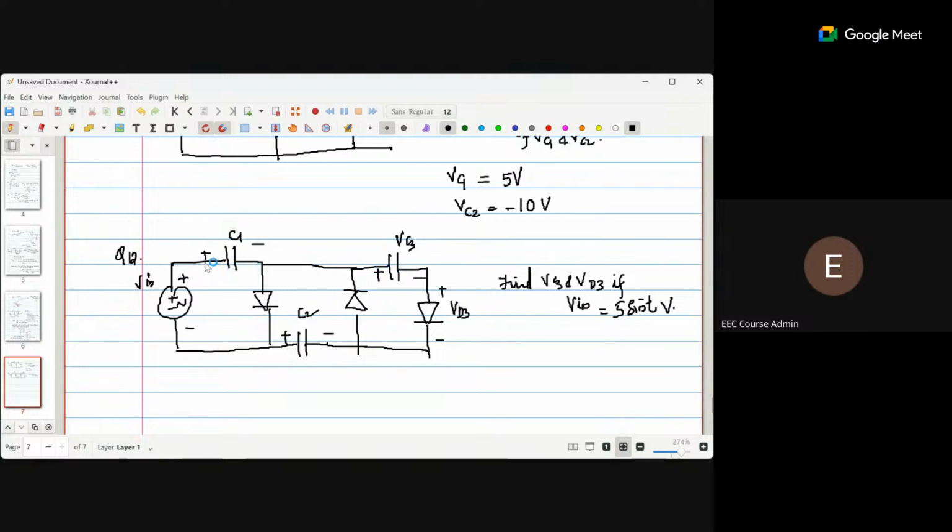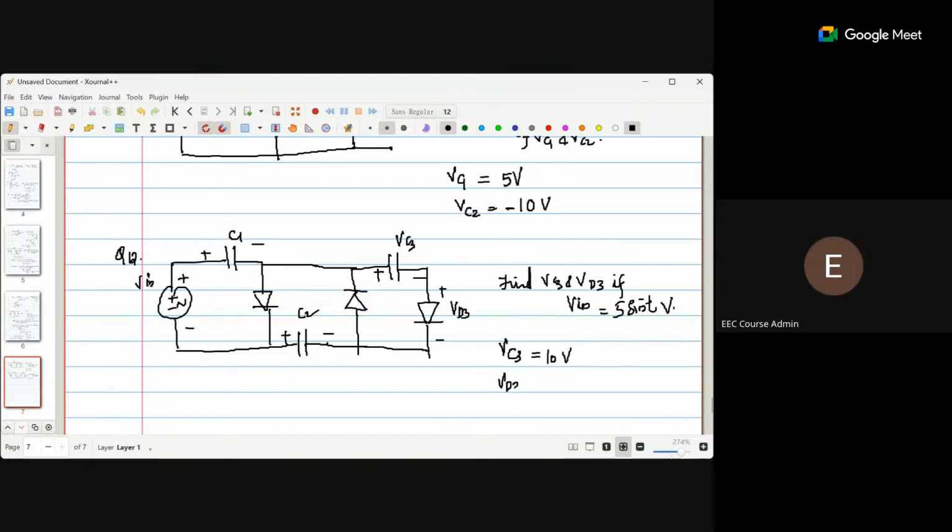When you take the voltage across this and this, it will be 3 Vm, and that is the case of the voltage tripler. Similarly, here again, between this and this, you will get 2 Vm plus 2 Vm, 4 Vm. So right now what is being asked is VC3. That will actually be 2 Vm. So it will be 10 volts.